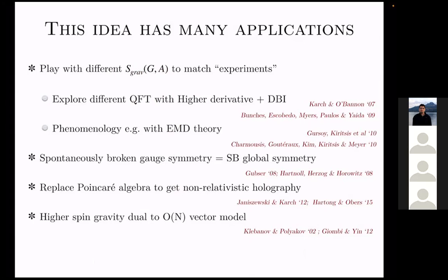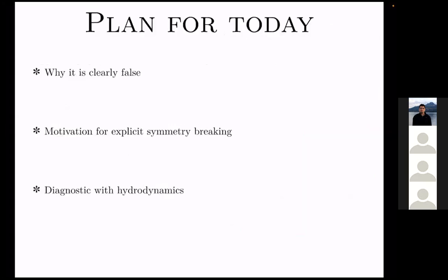So for example, we know that the bona fide gauge gravity duality is N=4 at large N and infinite coupling. You can imagine exploring maybe finite N corrections, or a field theory with different a and c central charges, by adding higher derivative terms or the DBI term.